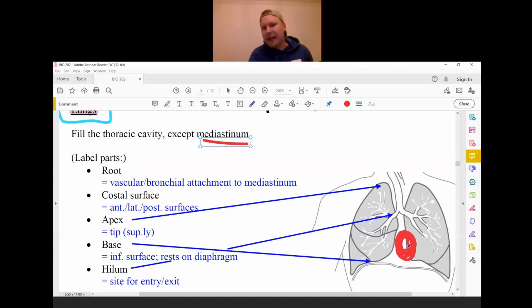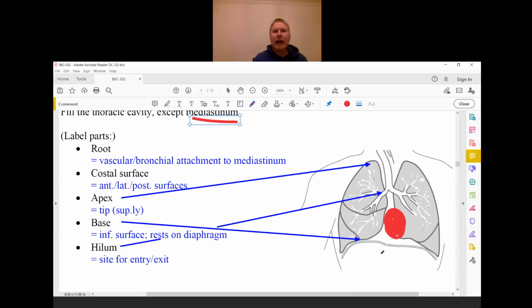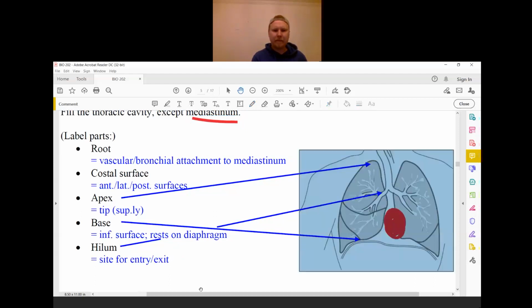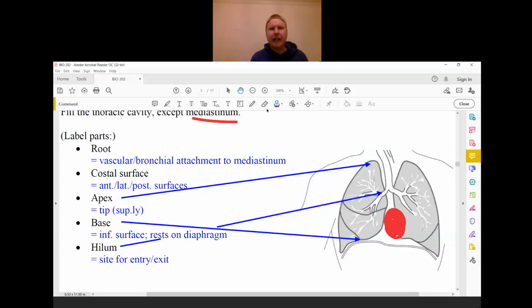in between the lungs. A couple of terms that we want to notice there. I want to especially highlight a few of these. Let's start with the apex.